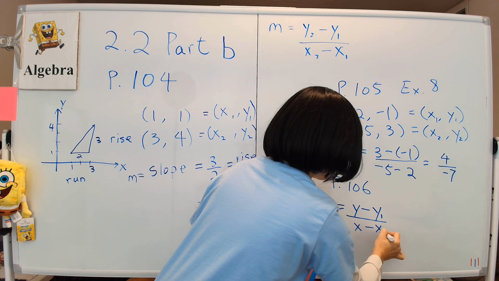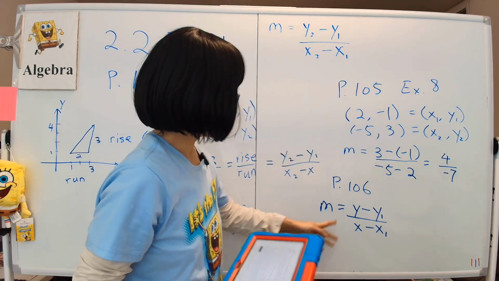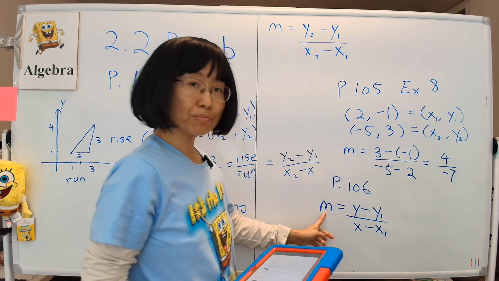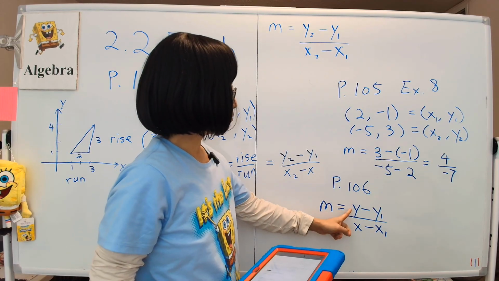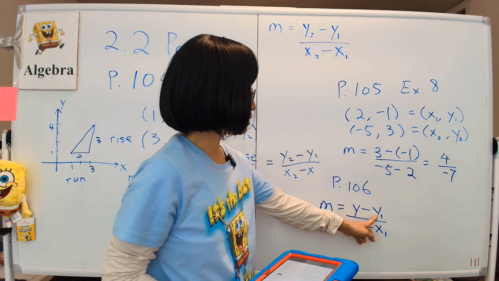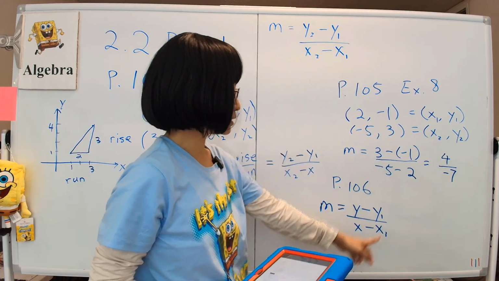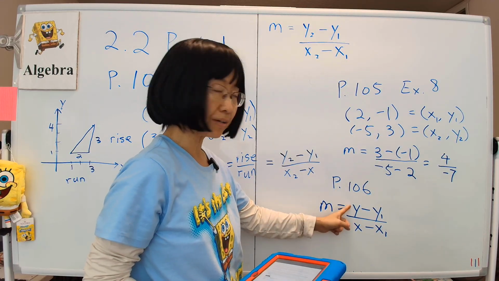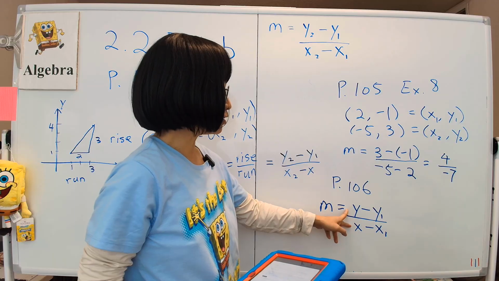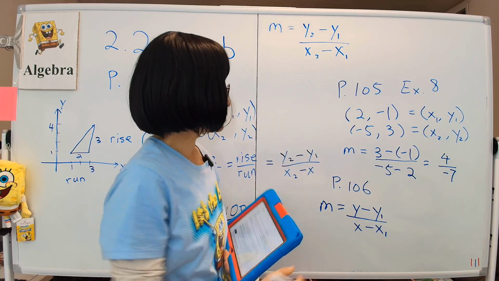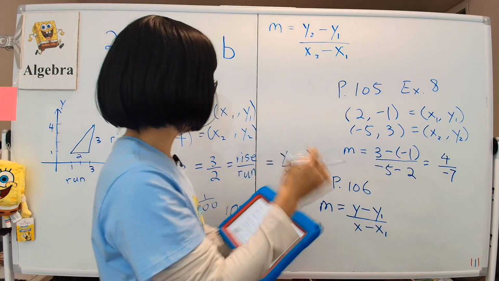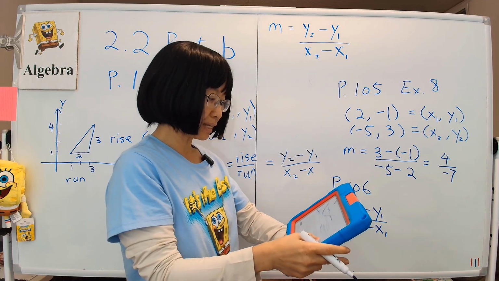Now, this is the equation of a line that has the slope of m. Now remember, these are the numbers, like that would be a sample, whereas these are the variables for your equation. We'll look at an example of that in a second.